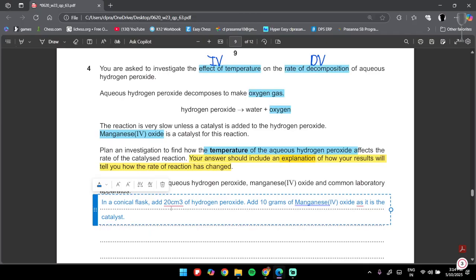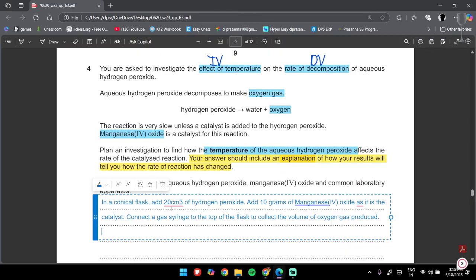So I'll say add or connect a gas syringe to the top of the flask to collect the volume of oxygen gas produced. Okay.